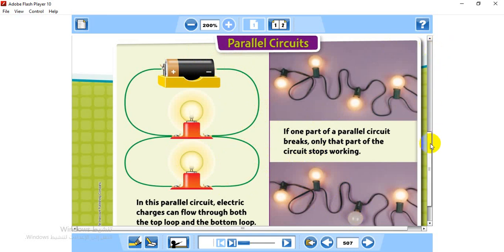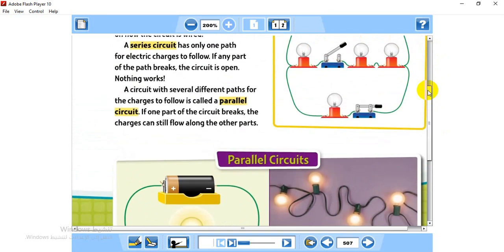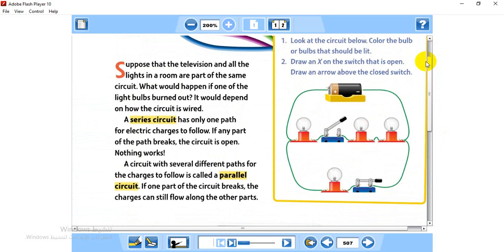There is an example here, by the way, before I start solving the activity. Suppose the television and all the lights in the room are part of the same circuit. We call it a series circuit. What would happen if one of the light bulbs burned out?